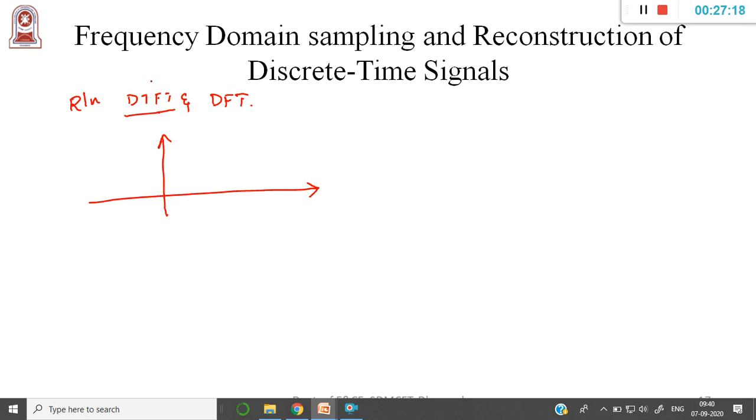You applied the discrete time Fourier transform, but the output is not discrete. X of omega is not discrete, it is a continuous signal, and it is periodic with time period 2 pi.